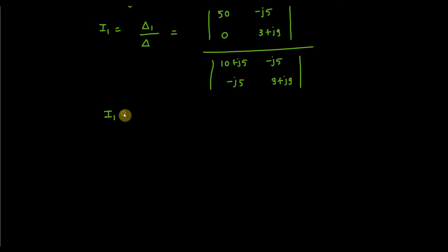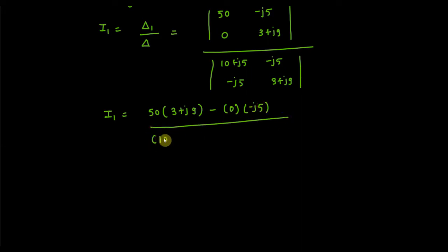So I will write I1 equals 50 multiplied by 3 plus J9, minus 0 times minus J5, divided by 10 plus J5 times 3 plus J9, minus of minus J5 times minus J5.